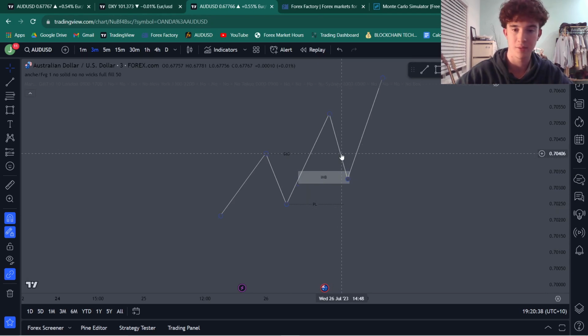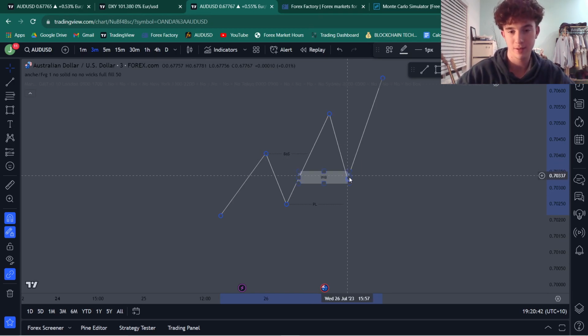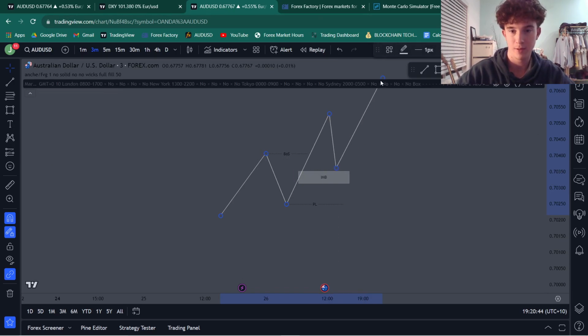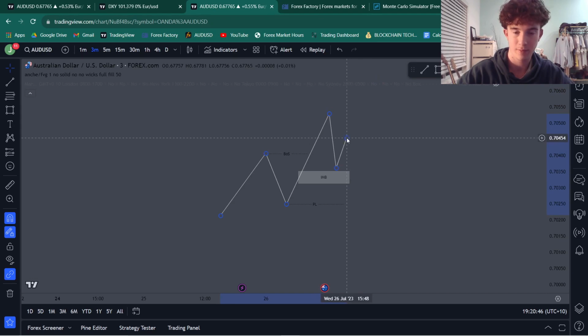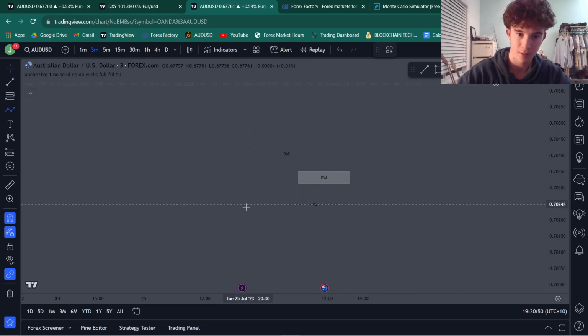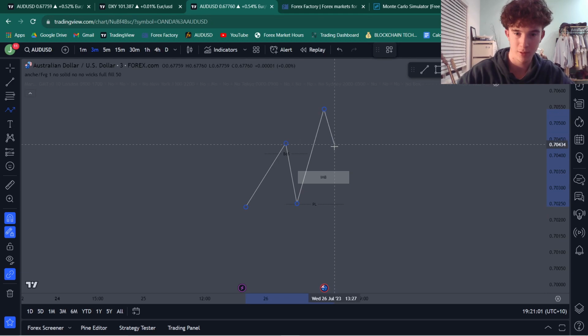Actually, no. There's one better, because you need a reason to be entering off the imbalance. So let me redraw that. You want it protected by structure. Alright, here's the entry model.